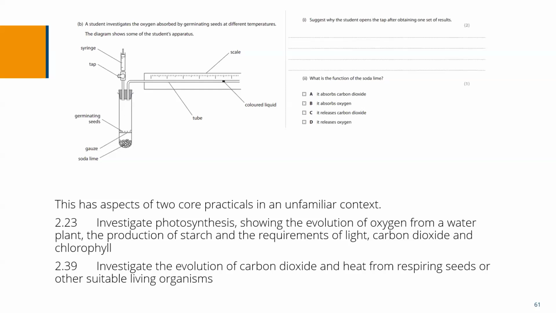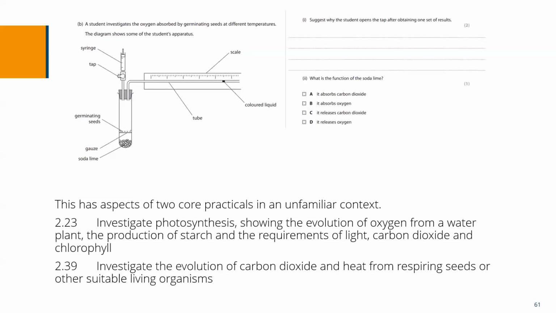So here we've got an experiment where I need to understand what soda lime does. It's in the spec, the role of soda lime. It's absorbing the carbon dioxide. That's going to reduce the volume, so the colored liquid bubble is going to move to the left. So what's the tap and syringe at the top all about? Well, that must be about rebalancing the pressure. That's going to set the bubble on the scale. So what's the question all about?